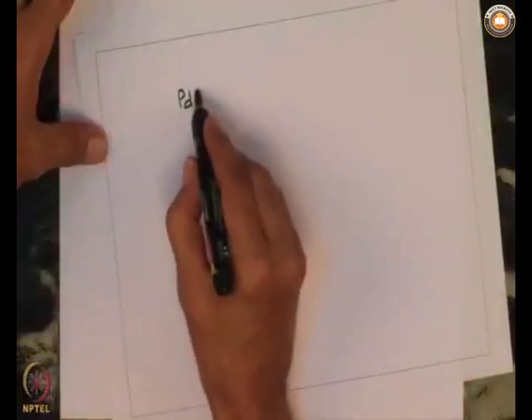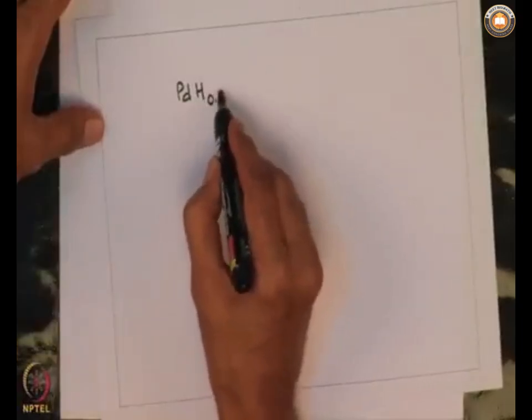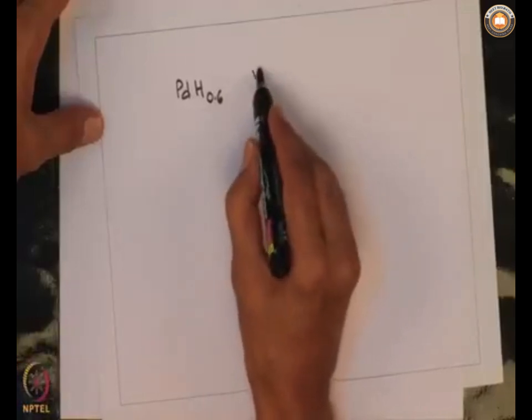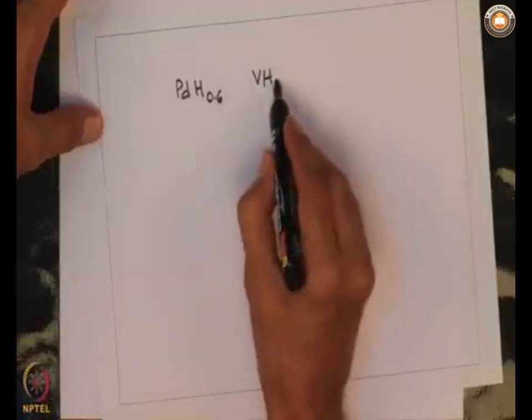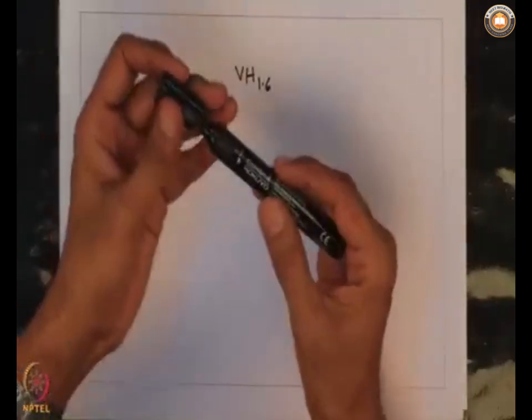For example, in palladium hydride the ratio is 1:0.06. Similarly, in vanadium hydride it is 1:1.6. So non-stoichiometric hydrides can also be anticipated with the transition metals as well as actinides and lanthanides.